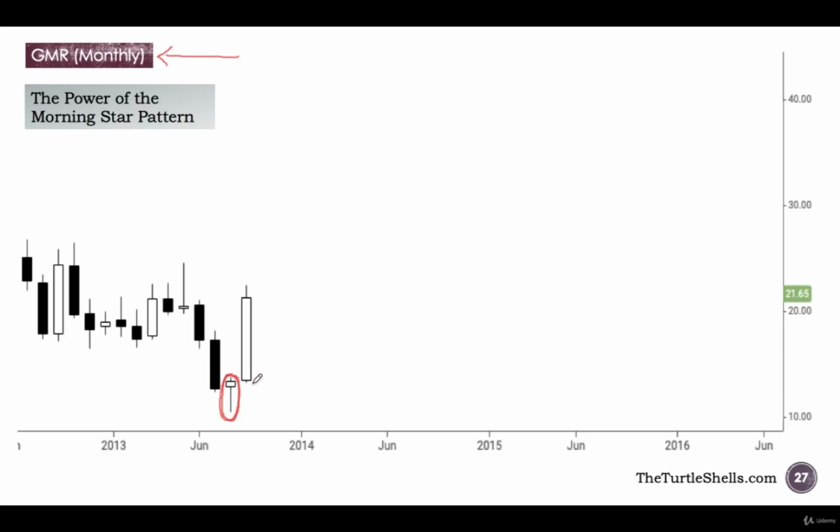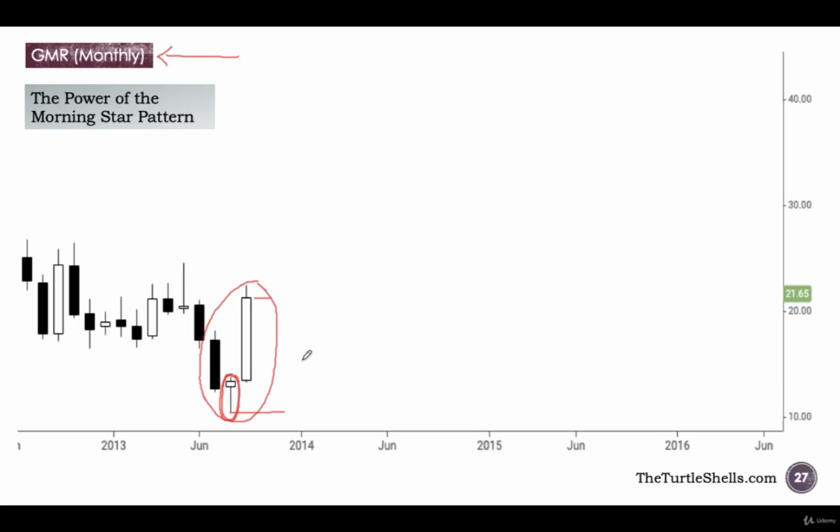The benefit of identifying the hammer as a candlestick expert is that you are not missing out on this rally. The problem with a morning star is that by the time the third candle closes, the market may be well off its low. So the market has traveled a great deal.